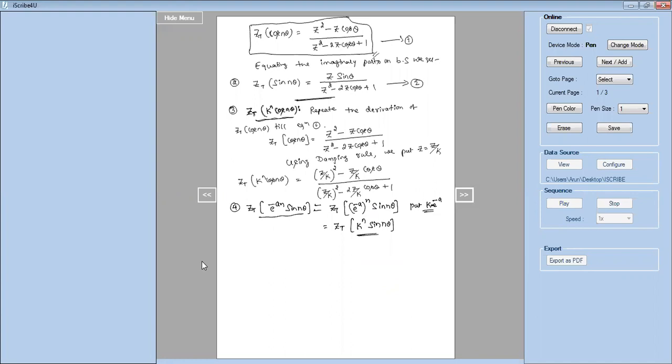I'll just write that. So repeat the derivation of the Z transform of sine n theta.